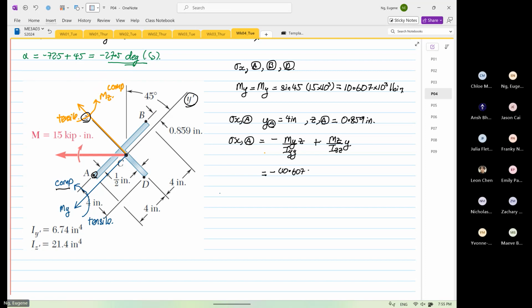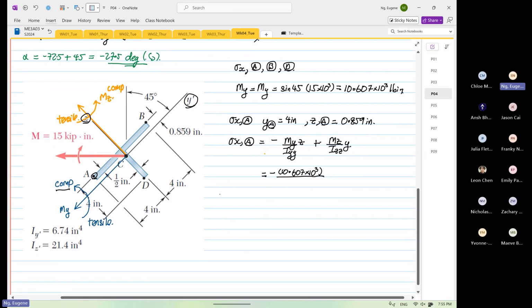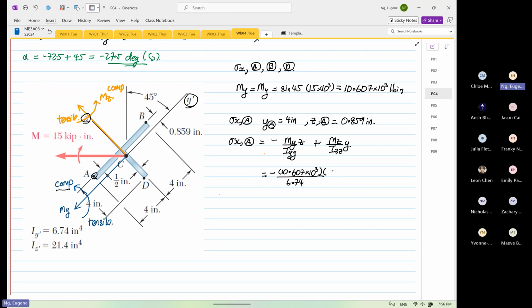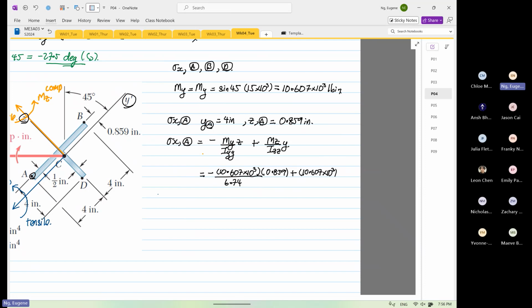Okay. So minus 10.607 times 10 to the power 3 divided by Iyy. So Iyy is equal to 6.74 multiplied by our Z distance, which is 0.859. Then plus again 10.607 times 10 to the power 3 multiplied by the Y distance, which is 4, and then the whole thing divided by Izz.